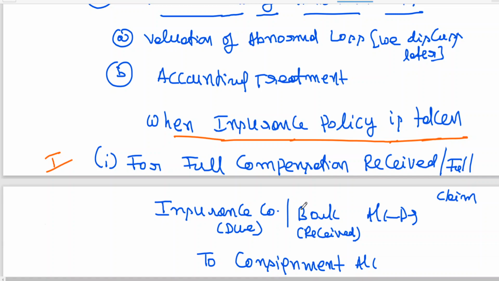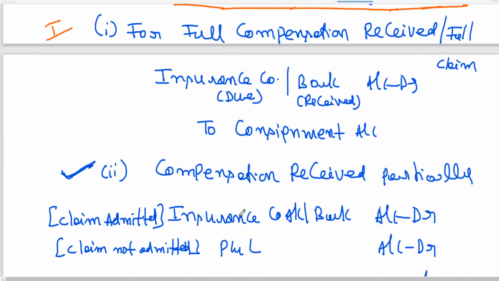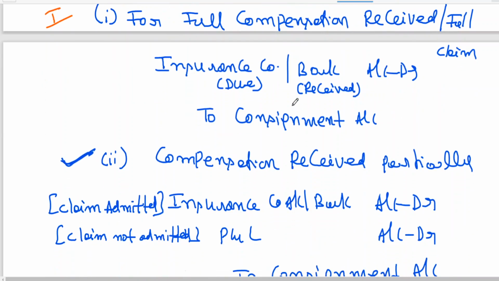When an insurance policy is taken and full compensation is received, entry: insurance company account or bank account debit to consignment account. 99.9% you won't be receiving full compensation; this is what we'll have in the problem. Partial means you will be asking 10,000 and you will receive 8,000, because they have their own calculation.